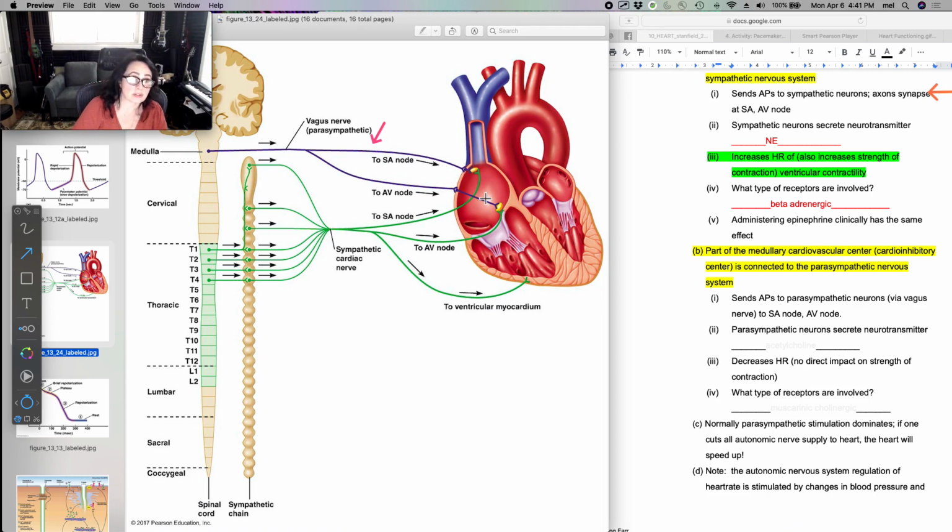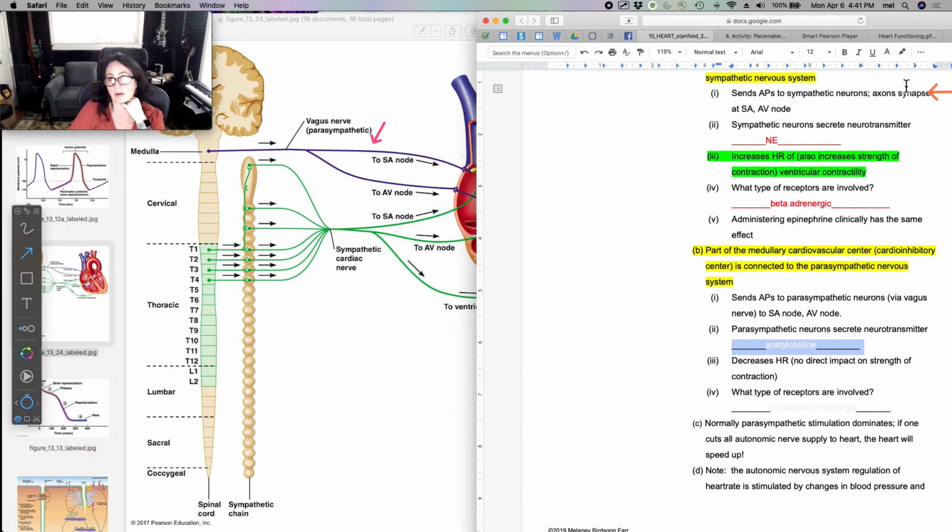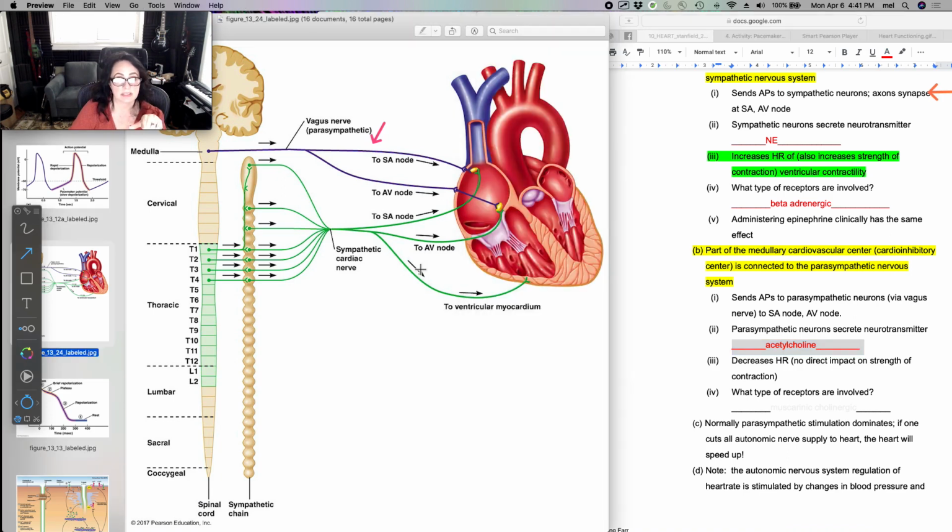What neurotransmitter does the parasympathetic nervous system release at its effectors? Hopefully you know. That is our friend acetylcholine. Releases acetylcholine. And it decreases heart rate, of course. But do you see that the purple ones here? They have no direct impact on the strength of contraction because they actually don't go to the walls of the ventricle.